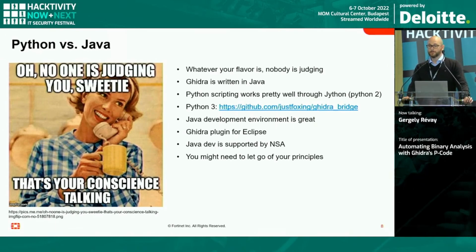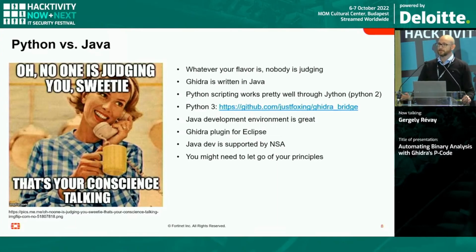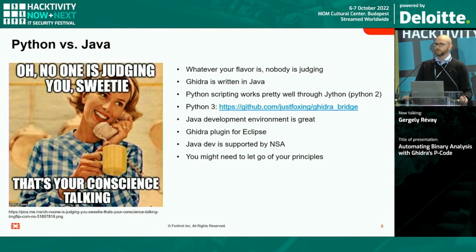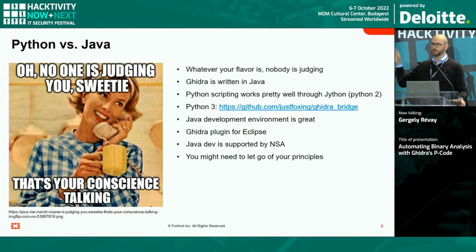And as I said, NSA created a really great development environment. There is an Eclipse plugin, or a Ghidra plugin for Eclipse, which works great. So you can write your code in Eclipse. You can start Ghidra directly from Eclipse, and basically use the debugger in Eclipse while your script is running in Ghidra.